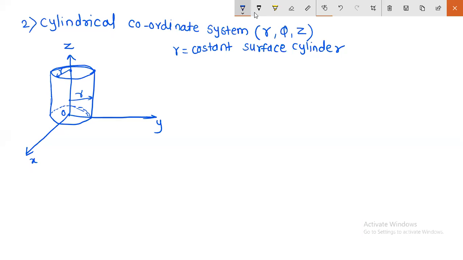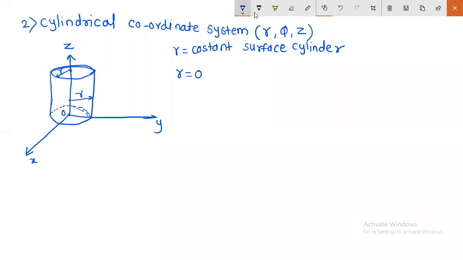Now just tell me, if I want to measure this radius r, what is the value of that radius r on this z-axis? On the z-axis? 0. Yes, correct. So this r is equal to 0 at the center, because this is the central axis.